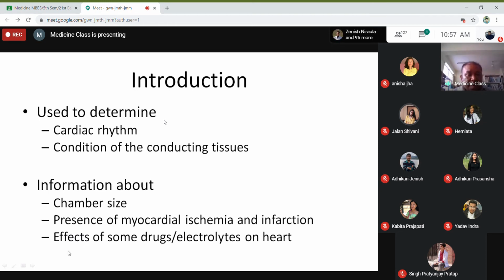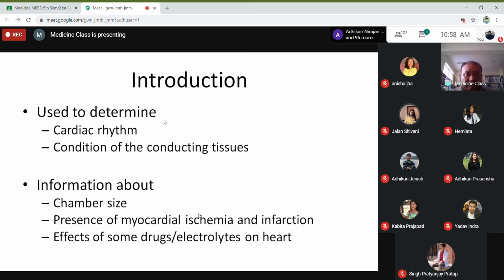Not only that, ECGs can even give some idea of the effect of drugs or electrolytes on the heart. If the patient has taken digoxin, suppose, then there will be certain changes in the ECG.